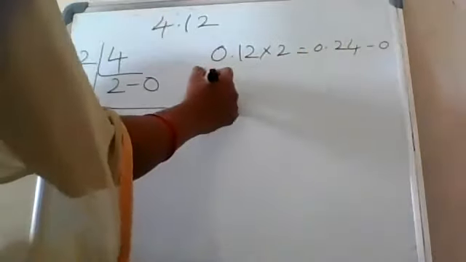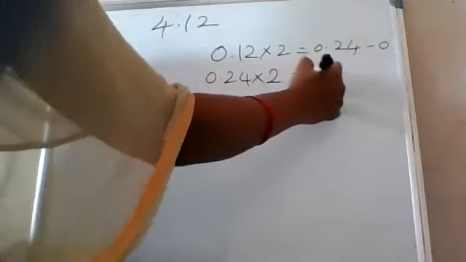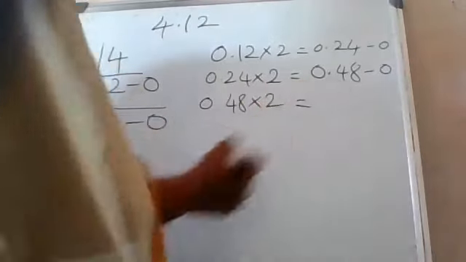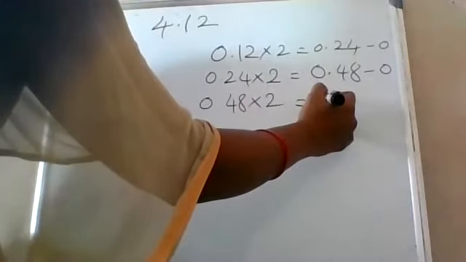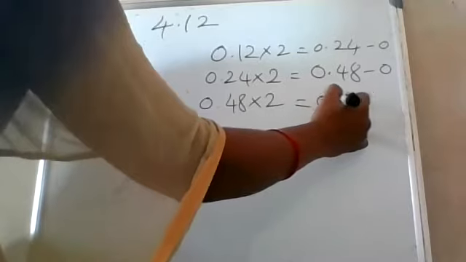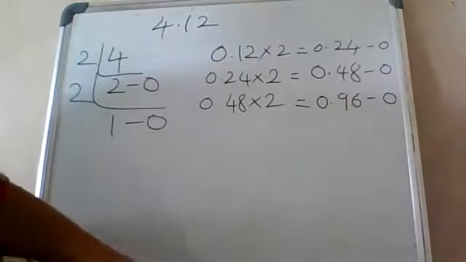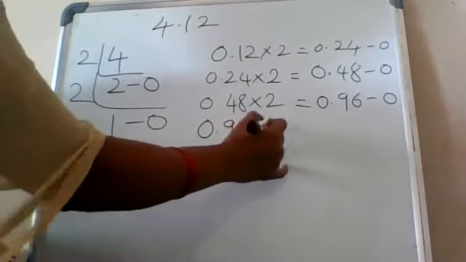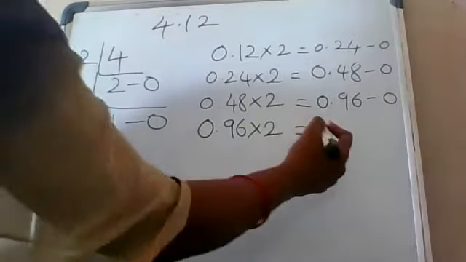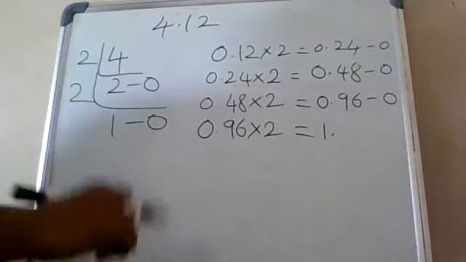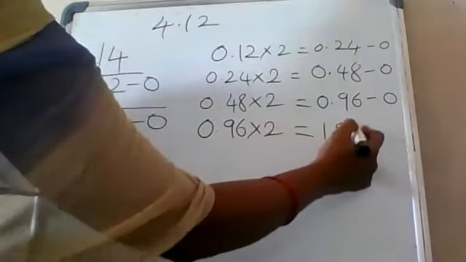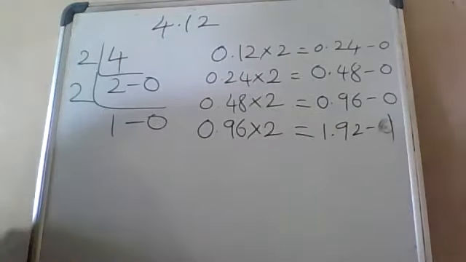0.12 times 2 is 0.24, remainder 0. 0.24 multiplied by 2 is 0.48, remainder 0. 0.48 multiplied by 2 is 0.96, remainder 0. 0.96 multiplied by 2 is 1.92, remainder 1.